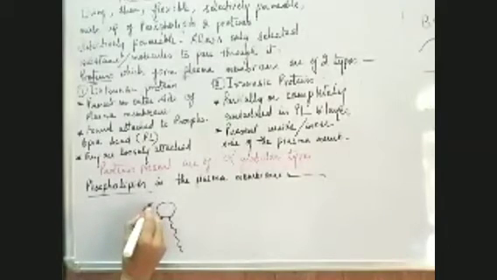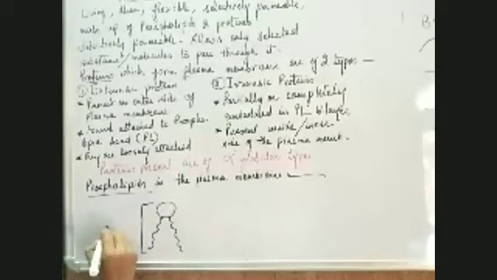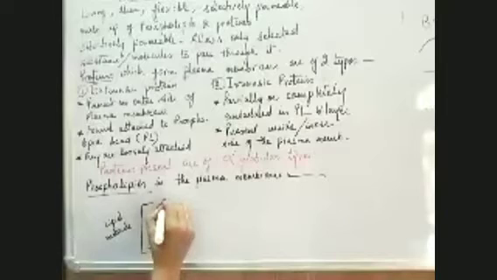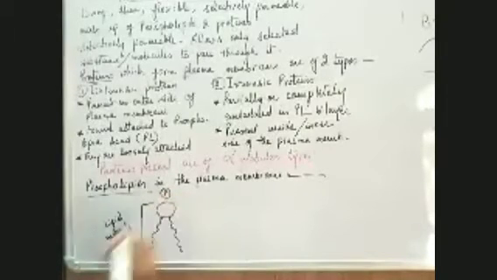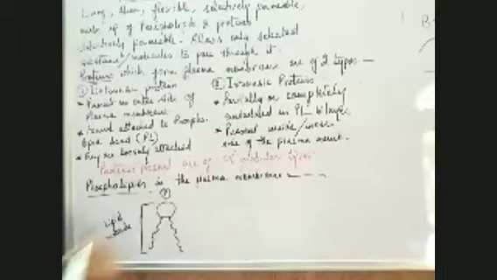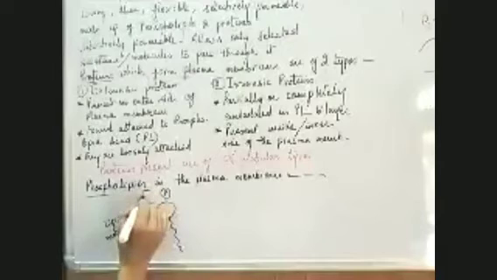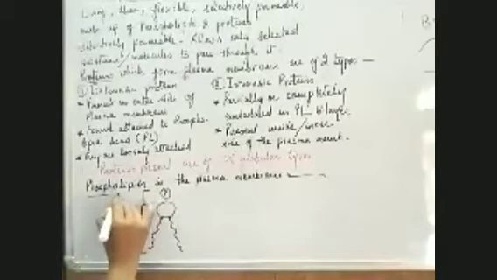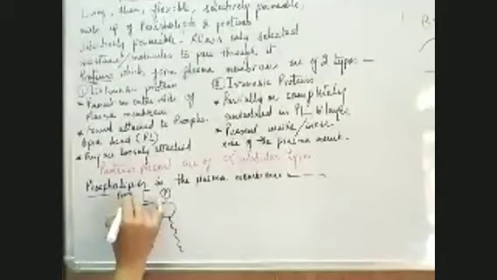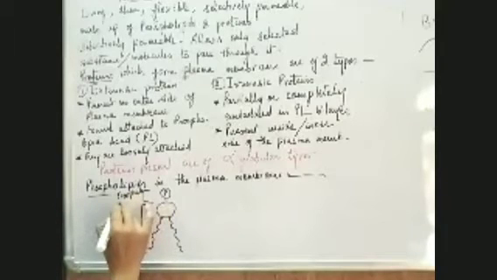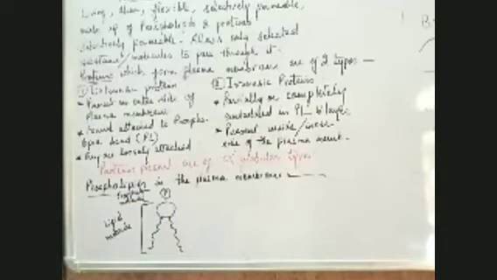So this is the lipid molecule. This lipid molecule is attached to phosphate. This is the phosphate molecule. I'll write it for you. This is the lipid molecule, and at the head is attached the phosphate molecule.